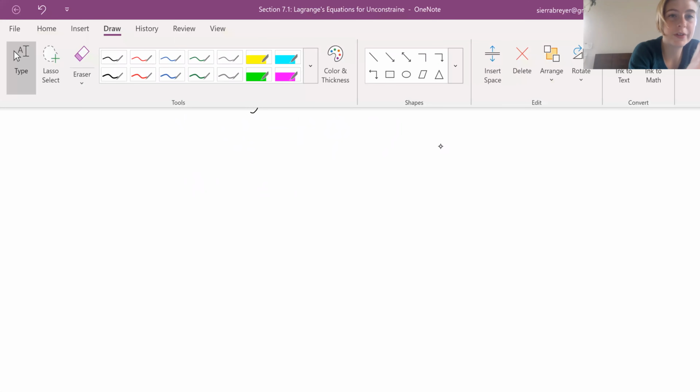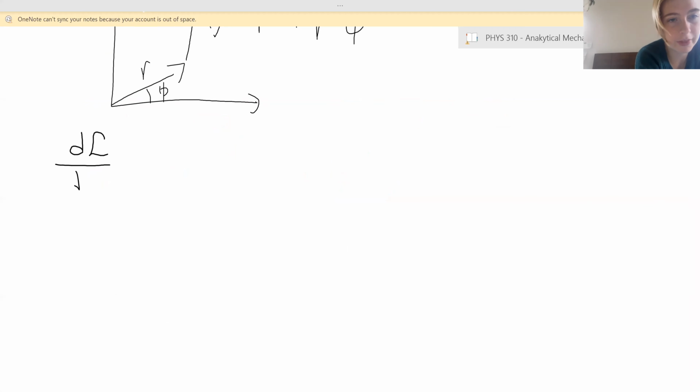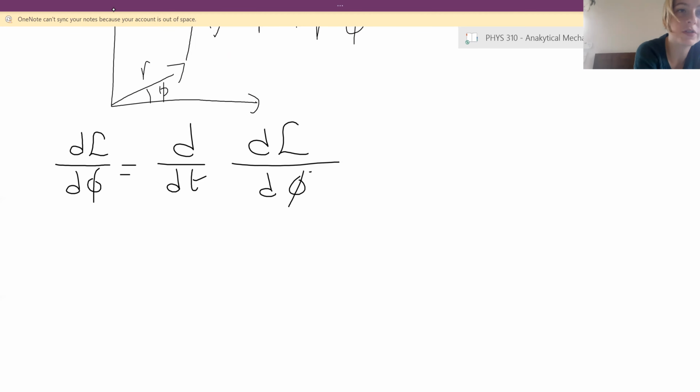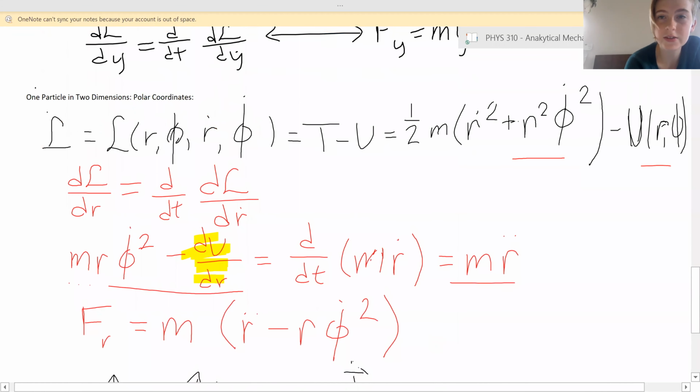Now we're going to further look into the theta derivatives. So the derivative of Lagrange with respect to theta is going to be equal to the time derivative of the derivative of the Lagrange with respect to theta dot. So the derivative of the Lagrange with respect to theta, we're going to scroll back up to it so we can see what it is.